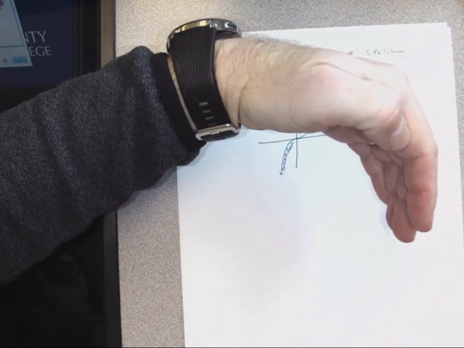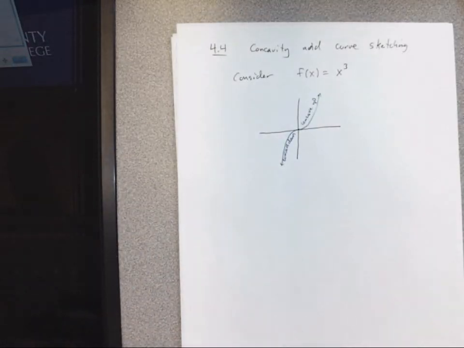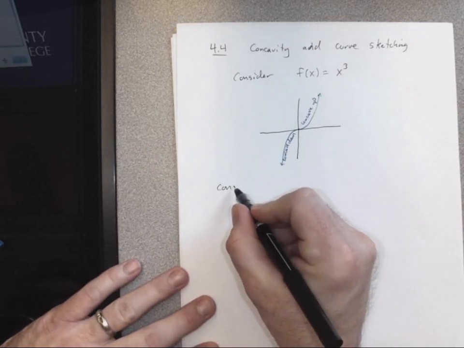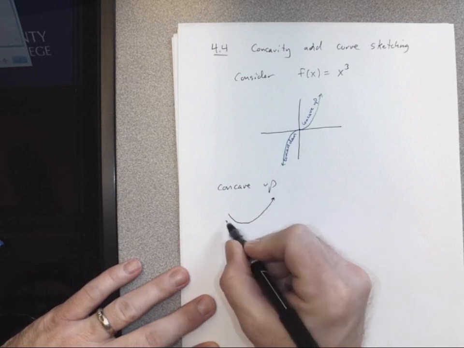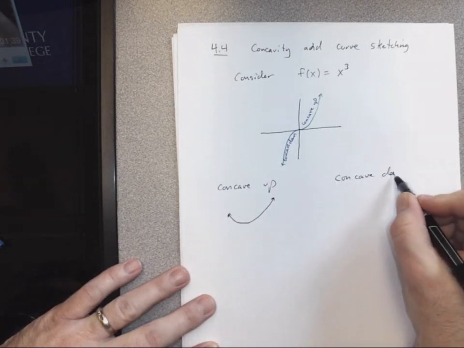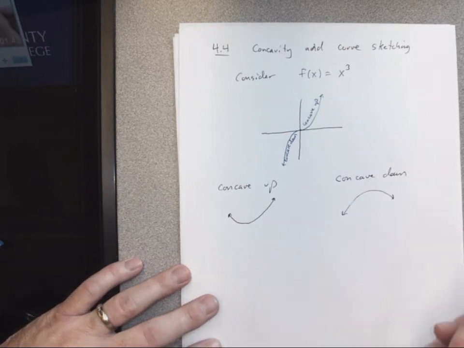So that's the idea: concave up is like a U up, and concave down is like a U down. Something like this is concave up, and something like that would be concave down.